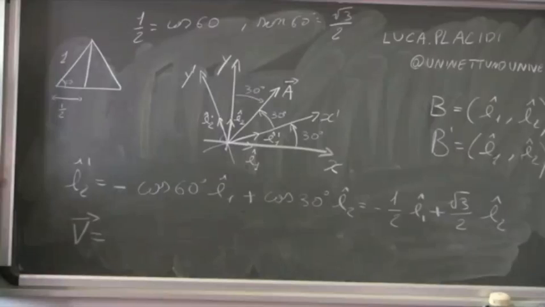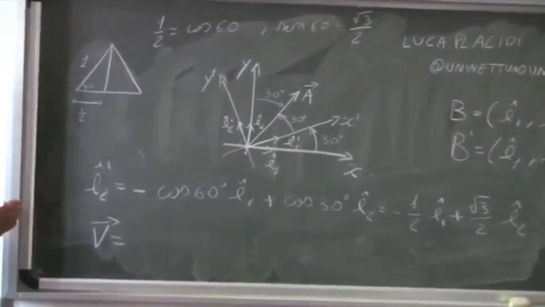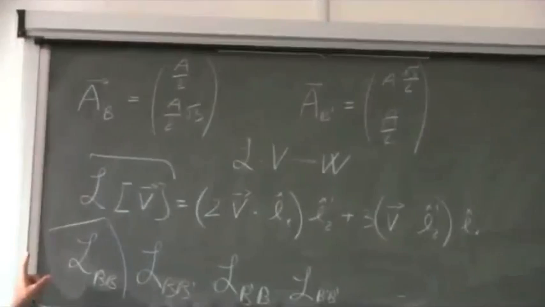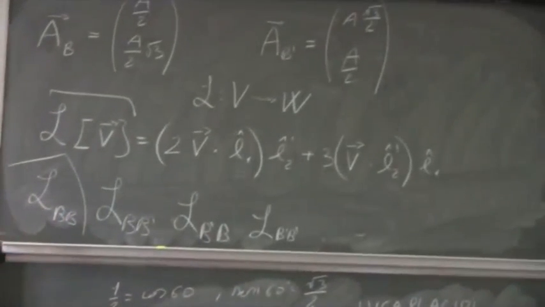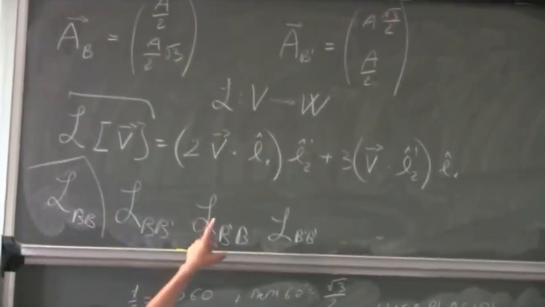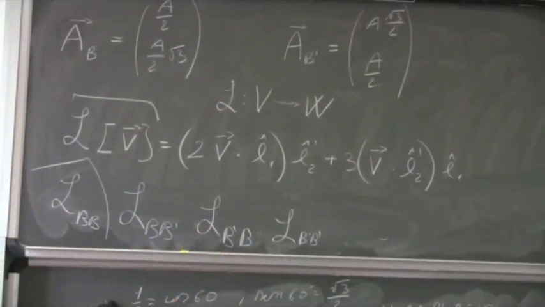Another thing that we need is to see that V can be expressed the same way as we expressed the A, with two different representations. This EV and this EV prime are representations of a given vector.